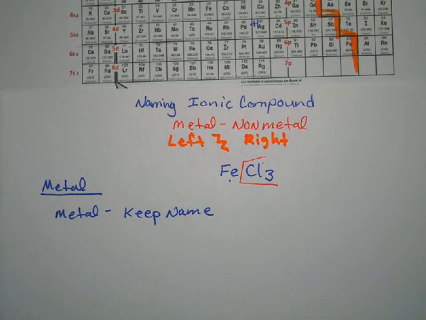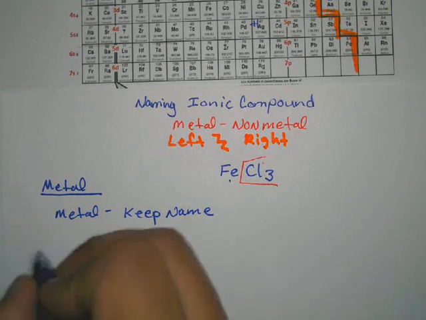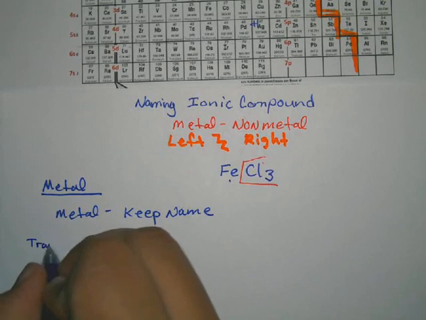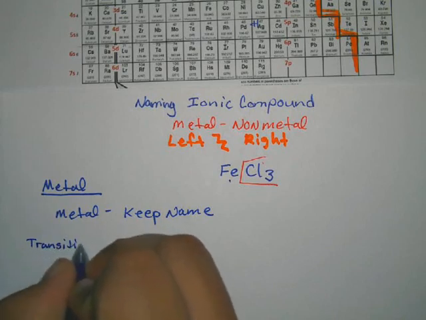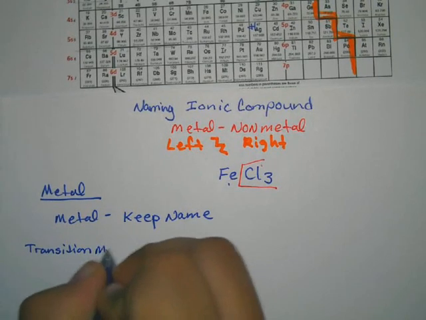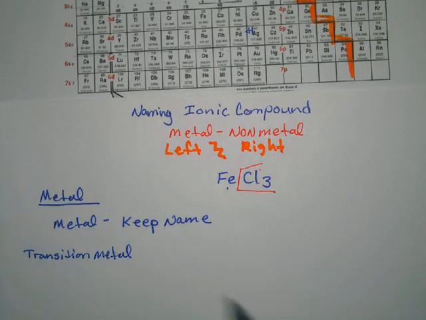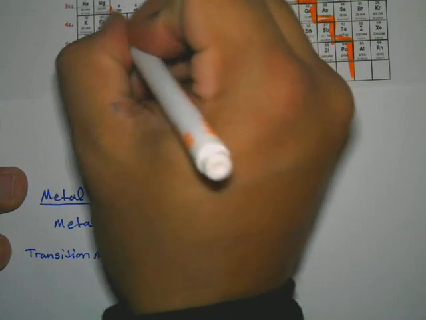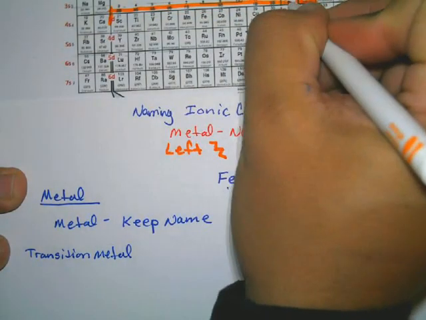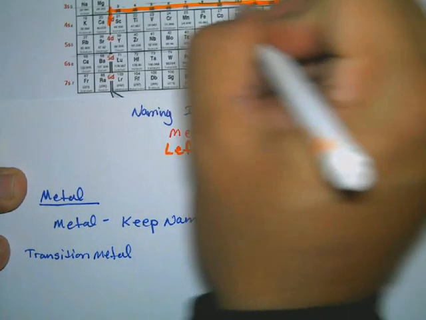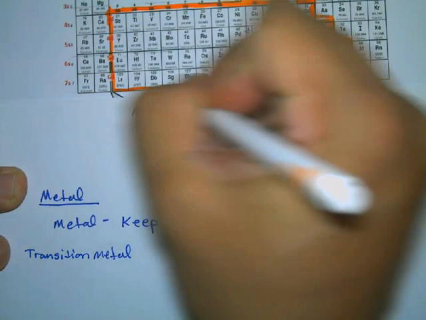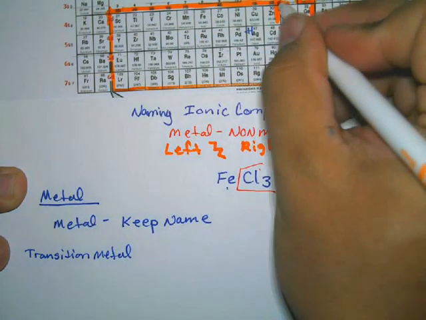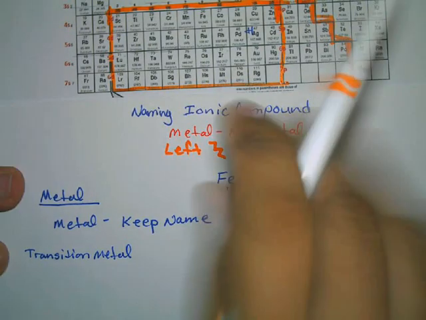But you got to watch out. There's also transition metals. Is it a transition metal? You got to check. Where are your transition metals? Your transition metals are these guys right here on the periodic table. If it's anywhere in this box, those are your transition metals.